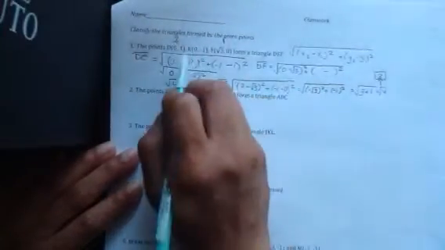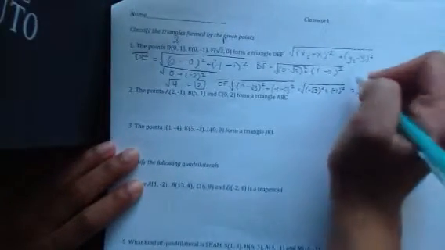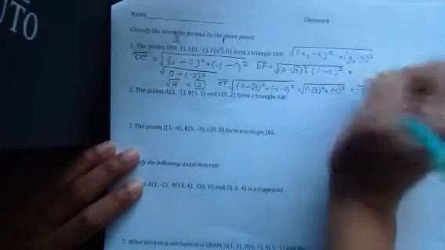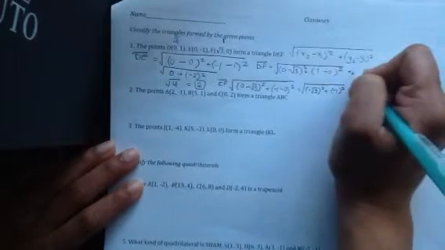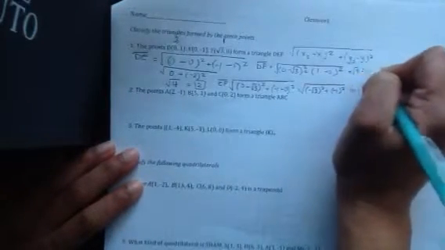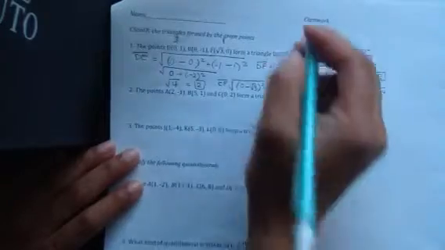My y2 is 1. My y1 is 0. When I simplify that, you should be able to simplify stuff on your own by now. I'm going to get the square root of 4, which is also equal to 2. So, as I look at my lengths, all of them are the same. Each length of the triangle is 2, which means that this is an equilateral.